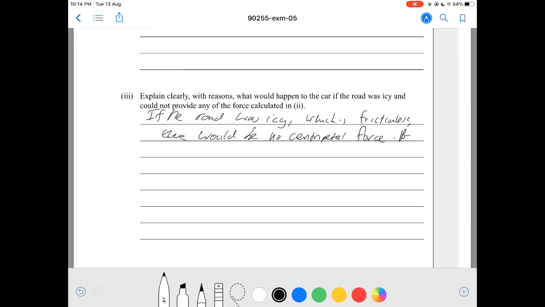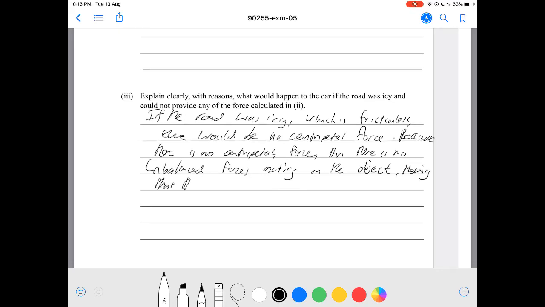Because there is no centripetal force, there are no unbalanced forces acting on the object, meaning that there cannot be a change in velocity.